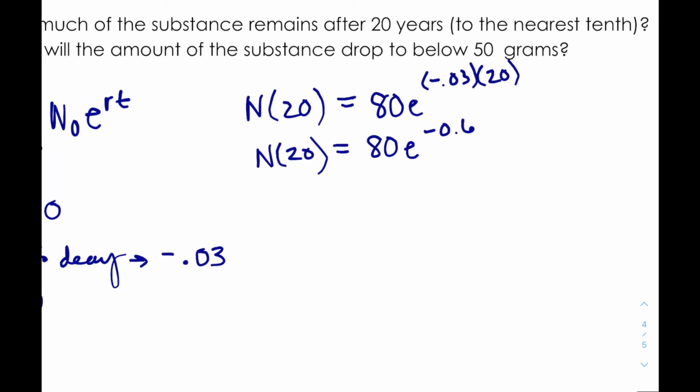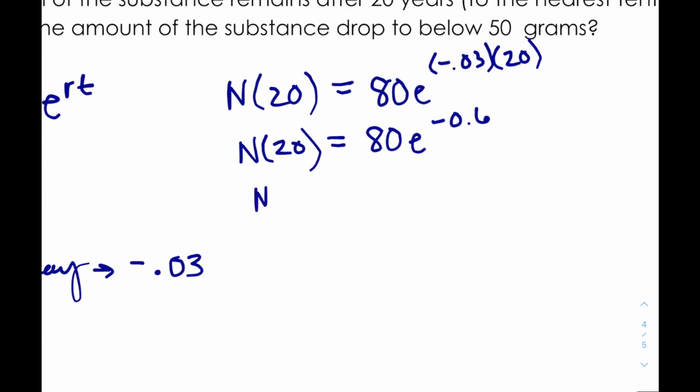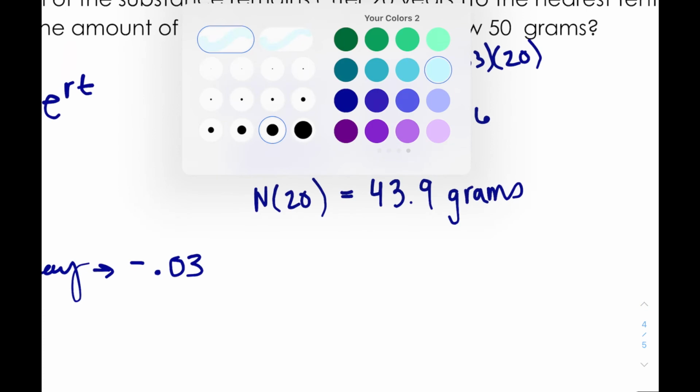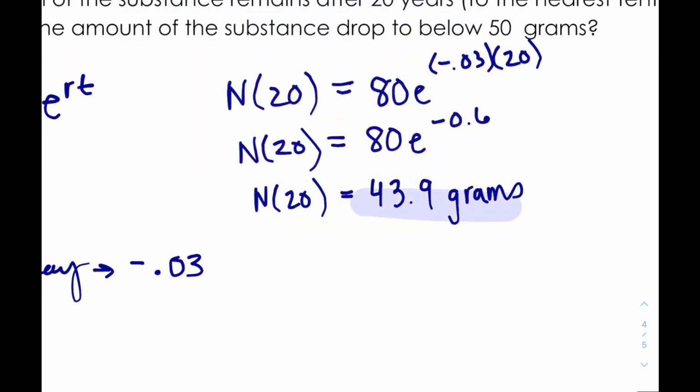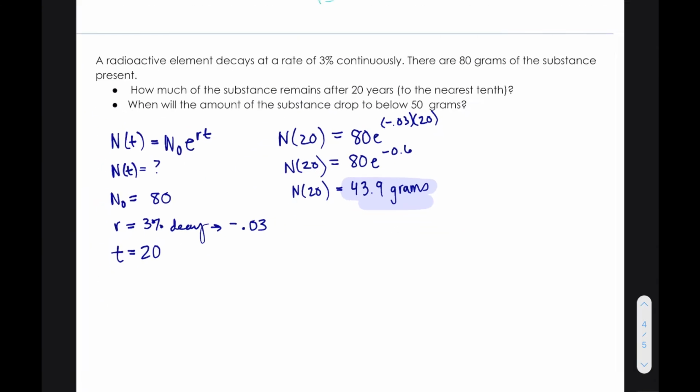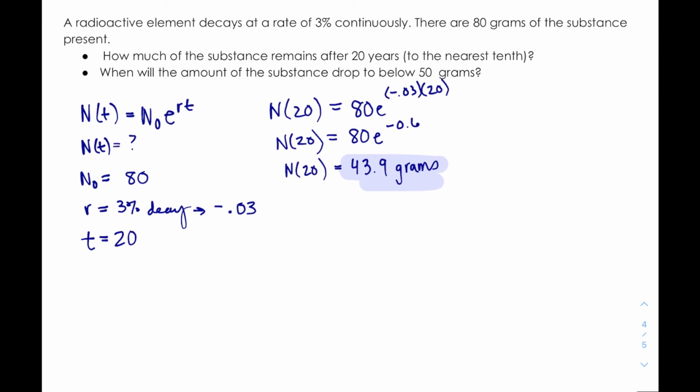The unknown is already isolated. So I just type 80 e to the negative 0.6 into my calculator, and it tells me N of 20, the amount left after 20 years, is 43.9 grams, right? It was 43.904, but we were asked to round to the nearest tenth, so that is what I did. So that is the answer to the first question.